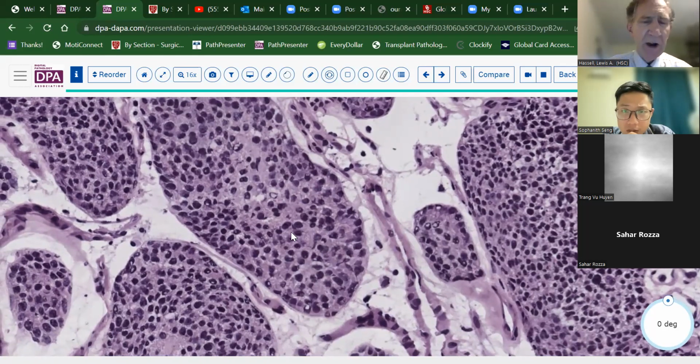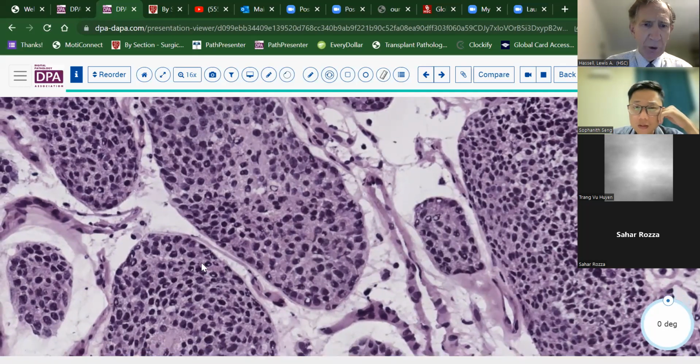But in the sinonasal tract, there are a couple of things that would have this in the differential. So the first thing to consider, of course, is neuroblastoma, which certainly occurs in this location and can have a small blue cell appearance.